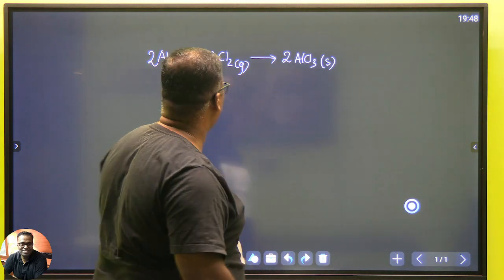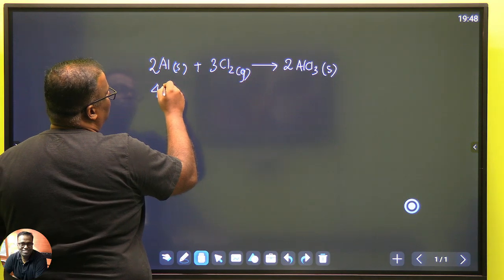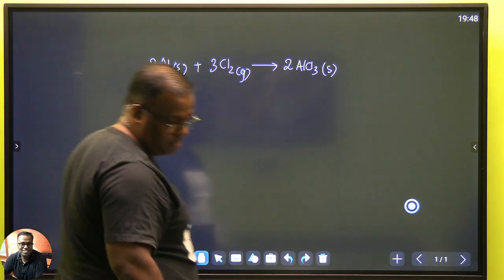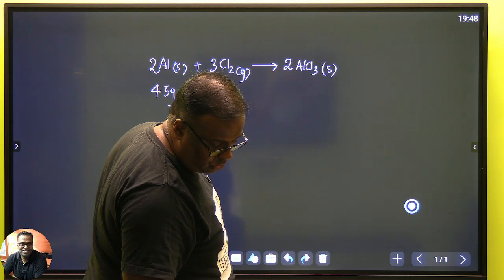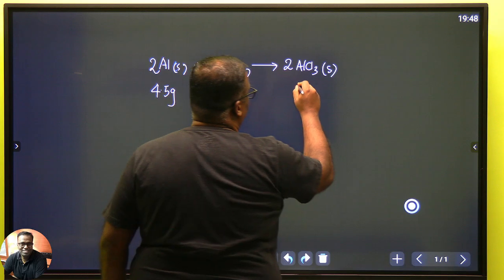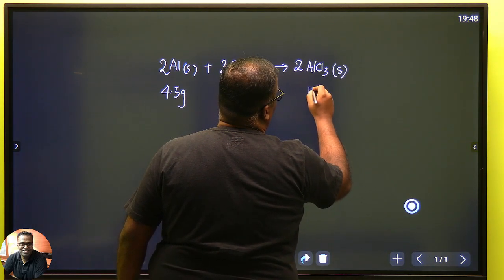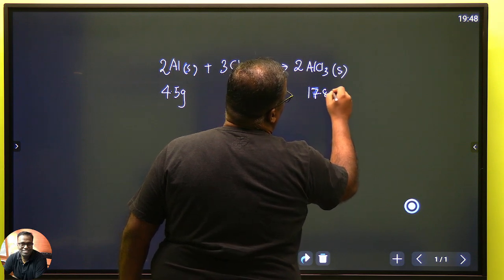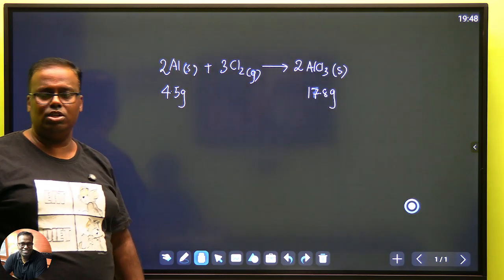The student had 4.5 grams of aluminum powder reacted with chlorine gas and 17.8 grams were produced.